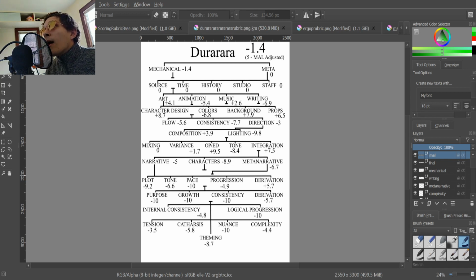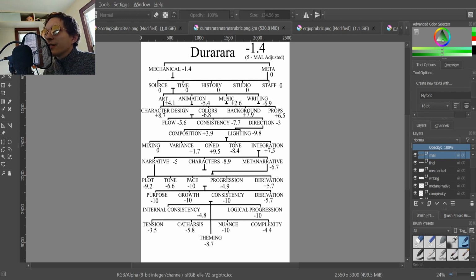The reason I included this was not just for the purposes of being able to provide scores for MAL. It's a comparator, because most people understand scoring in terms of MAL's 1 through 10, right? If you said, I think da-da-da is a -1.4, people would think that you think it is the worst thing in the world, that it is absolutely terrible, less than 0, right?